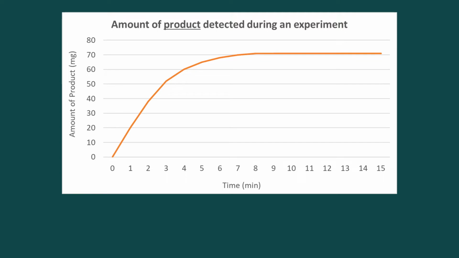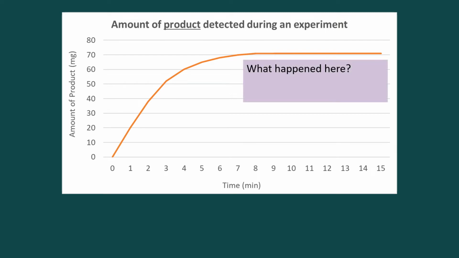The units are milligrams. So you'll notice at time 0 there isn't any product because the enzyme hasn't had a chance to work yet. But as time progresses, more and more product is made until the graph flattens off. This is called an asymptote. So what is happening here at this flat part of the graph?